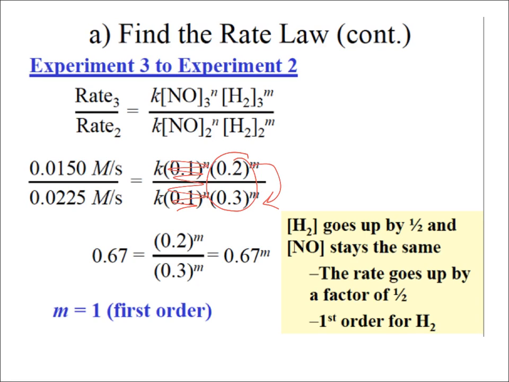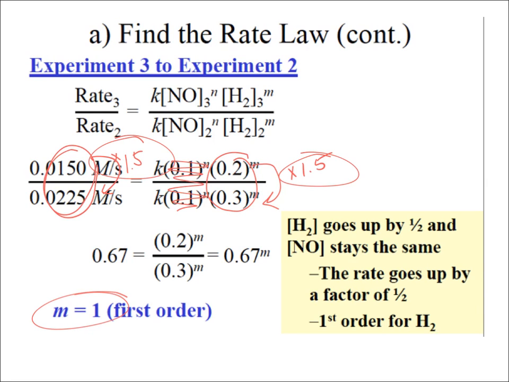So the factor that we multiplied it by was 1.5. When you look at how the rate changed, to get from 0.015 to 0.0225, that changes by a factor of 1.5 as well. So when the concentration and the rate change by the same factor, that's indicative of a first order reactant.